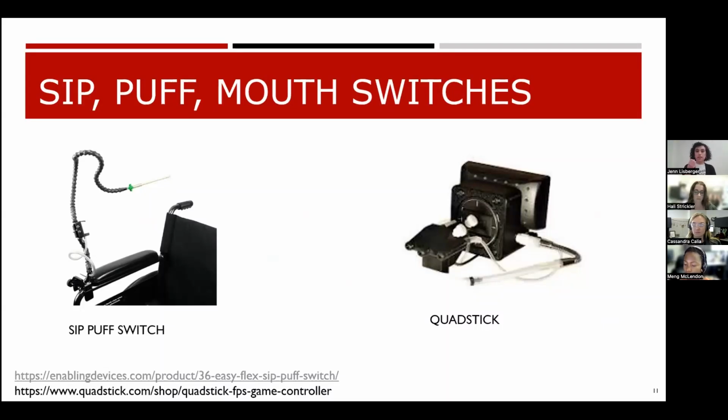But again, it's all in the name. It's that sip and puff. And there's also switches that connect underneath the chin so you can activate things as you're using them. So really great options beyond just our usual, if you've seen the big button switch, there's so much beyond that.